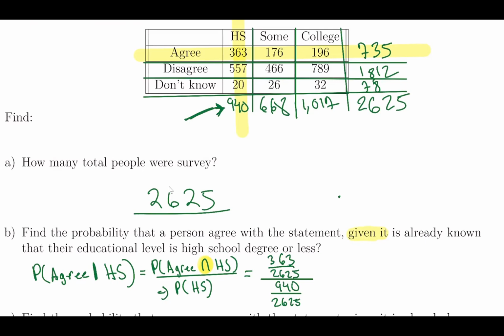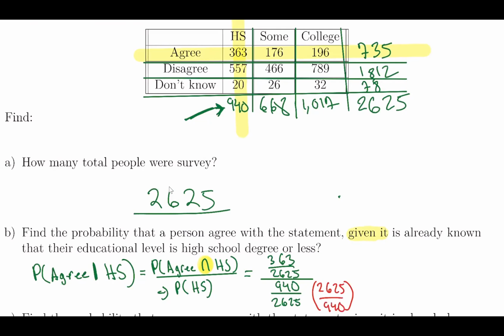All right. If you took an algebra class or anything like that, this is called a complex fraction because you have a fraction on top of a fraction. In order to get rid of the fraction in the bottom, you have to multiply by the reciprocal. The reciprocal is pretty much that fraction flipped over. So this fraction flipped over will be 2,625 divided by 940.